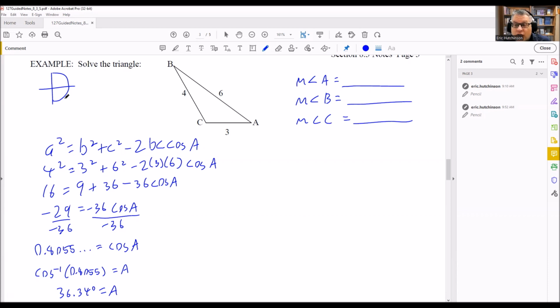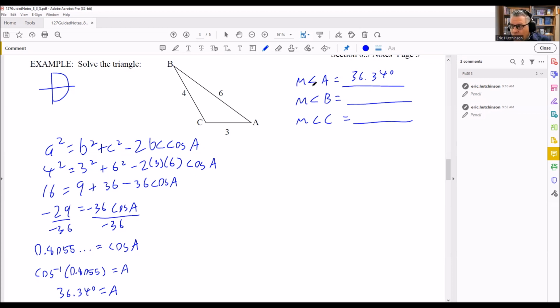So an angle in the fourth quadrant is either going to be negative or it's going to be an angle between 270 and 360, which we can't have in a regular triangle. Triangles have an angle only between 0 and 180. So I know with confidence that 36.34 is the only solution we have for the measurement of angle A.